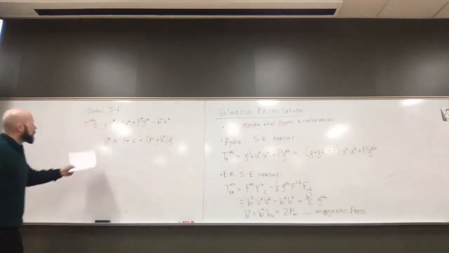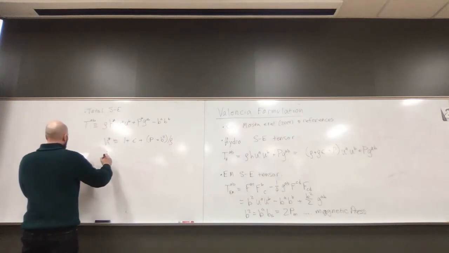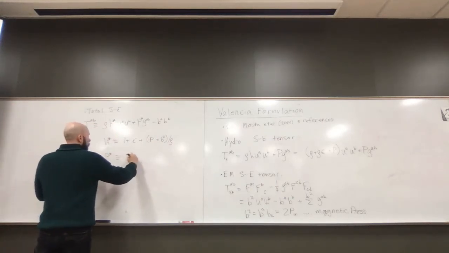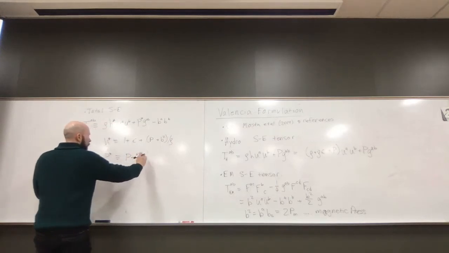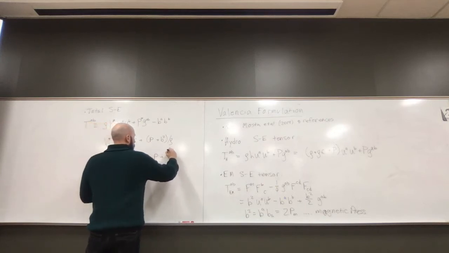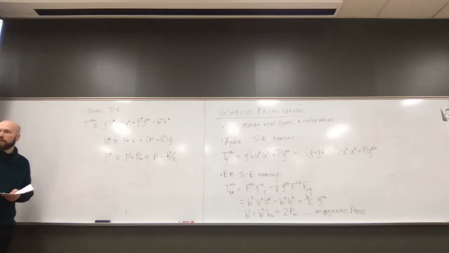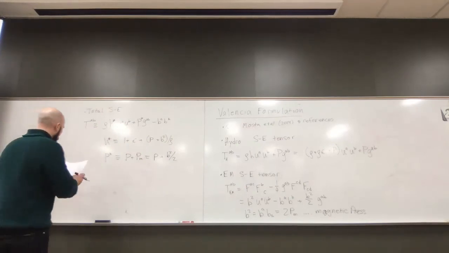So that's a generalized enthalpy, which includes the magnetic contribution. And then P star, you can guess where this is going, is just equal to P plus P_M, which is simply equal to P plus B squared over 2, where P is the hydrodynamic gas pressure, okay?